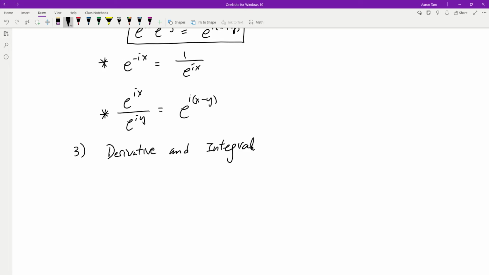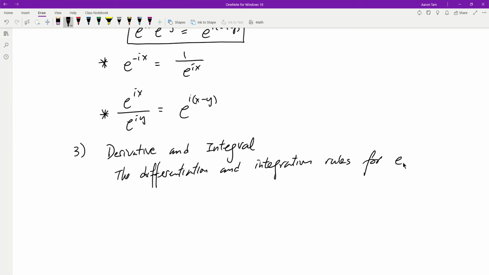So what we're hoping is the following, and I'm going to try to prove it to you, that the differentiation and integration rule for e to the ix is actually the same as for e to the x.